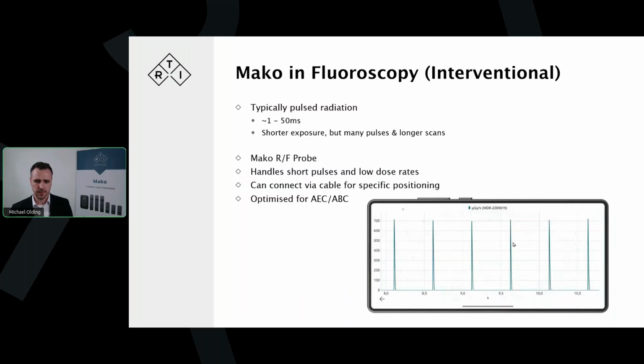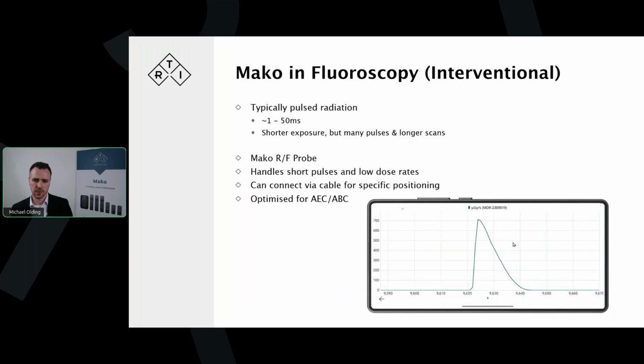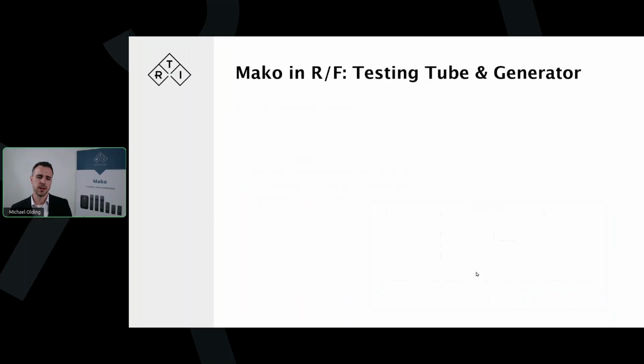We can zoom in, see the pulses a bit more, zoom in even further to a single pulse. And Mako has the sensitivity and the resolution within the waveforms to be able to detect these very short pulse widths and pulse lengths, and even handle those very low dose rates that we typically see in fluoro. So that's how Mako has been designed intelligently to handle both RAD and fluoro applications.